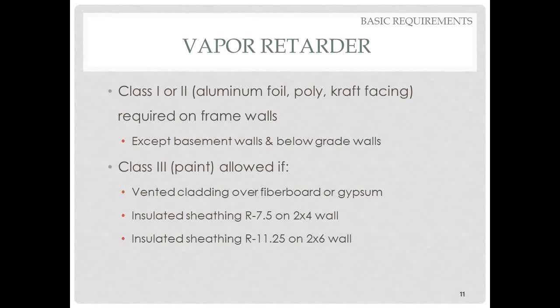Now it requires a Class 1 or 2 vapor barrier on above grade walls, and it allows you a Class 3 vapor barrier, a somewhat less vigorous vapor barrier, if you have one of those 3 wall details that's given on the slide there. The intent is that these are wall details that tend to be somewhat more forgiving in terms of moisture issues and therefore require a less vigorous vapor retarder on the inside.